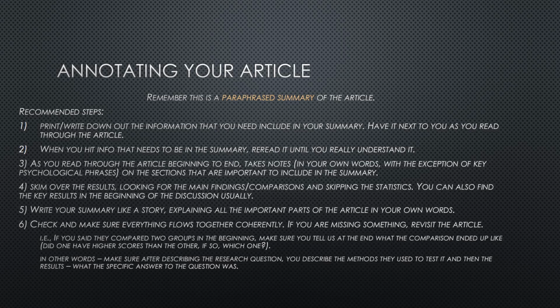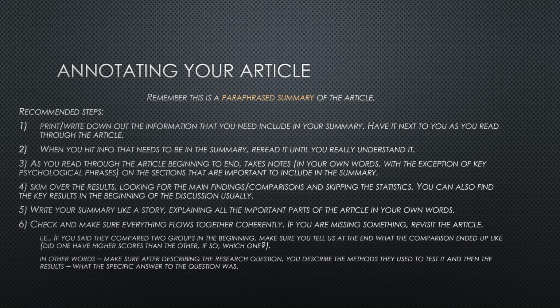And if you're missing something, if something doesn't line up or something doesn't make sense or you brought up something before that you didn't answer later, you need to go back and revisit the article and fix that. So, for example, this happens quite often. If you say in the beginning, their research question, their study aimed to compare female elementary school kids and male elementary school kids to see if the same diagnostic criteria could be used to identify autism.